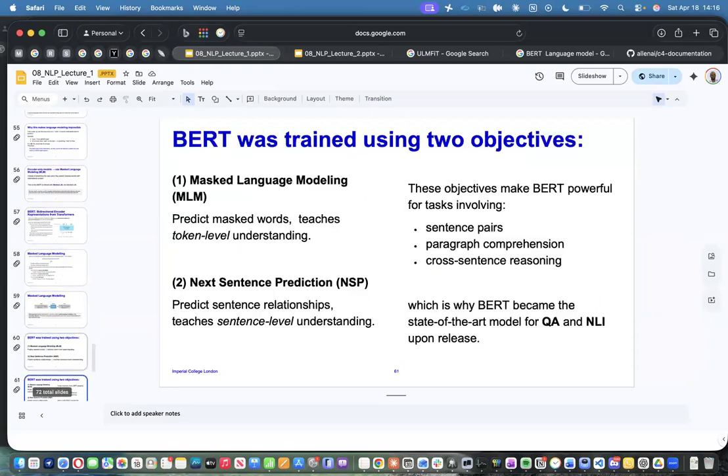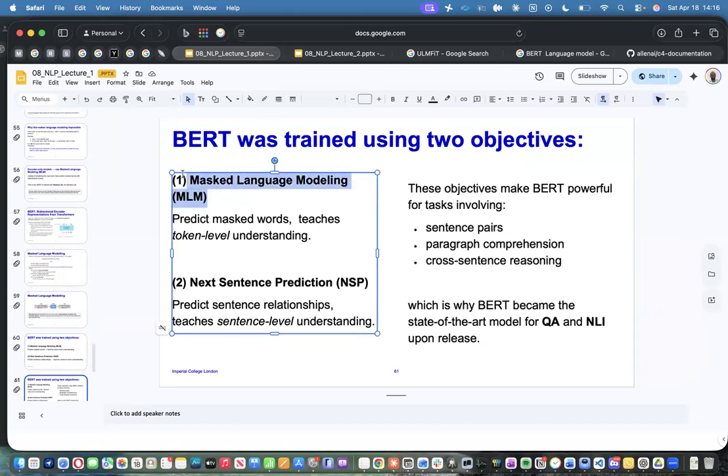We stopped last week at BERT, where we said BERT was trained on two objectives. Apart from the masked language model, BERT was also trained on next sentence prediction. Remember, can somebody help remind us what next sentence prediction is?